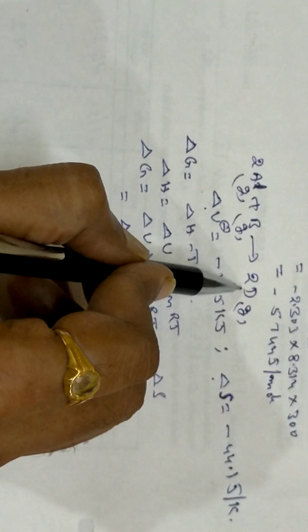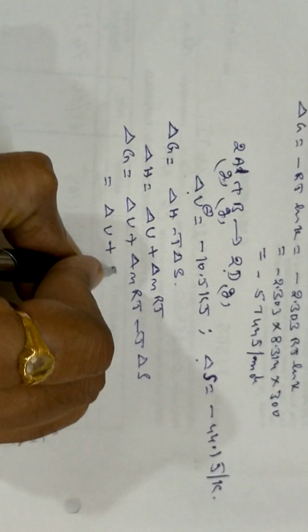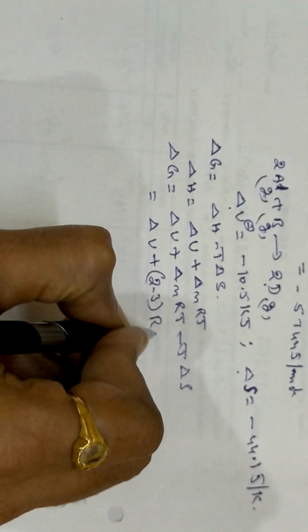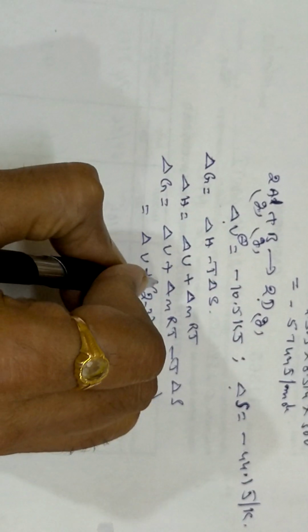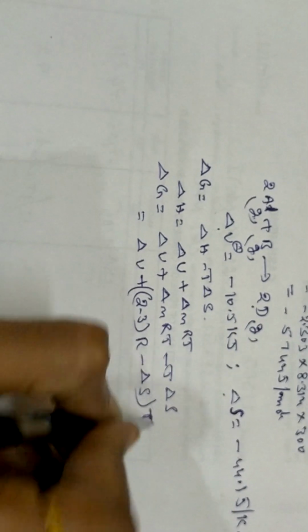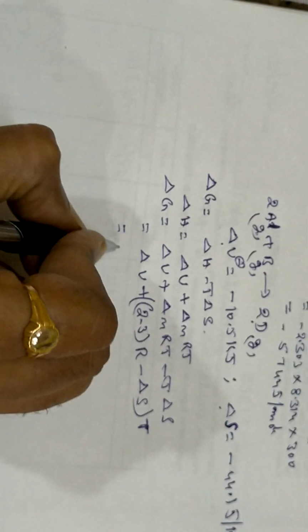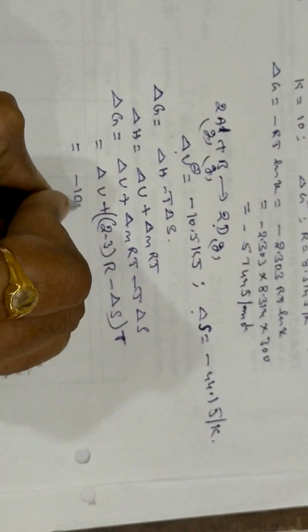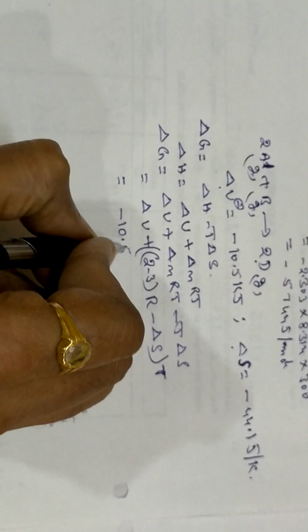Here it is 2 molecules, here it is 1, total 3. That means delta n is 2 minus 3, which is minus 1. Delta U is given as minus 10.5 kilojoule, so I have to convert everything into kilojoule.